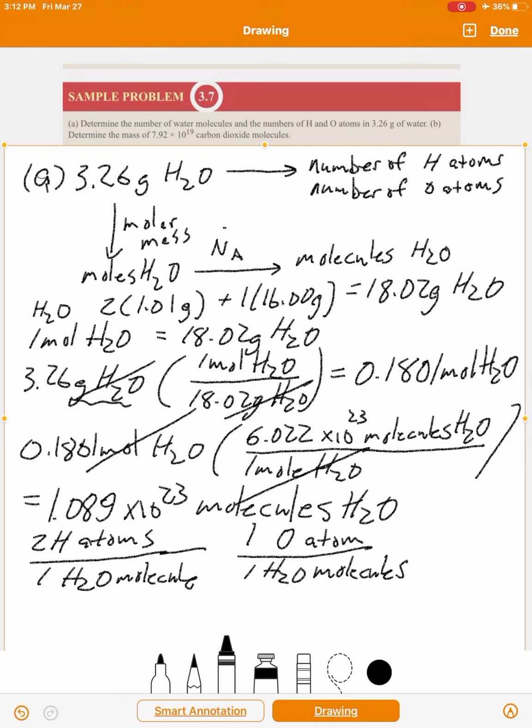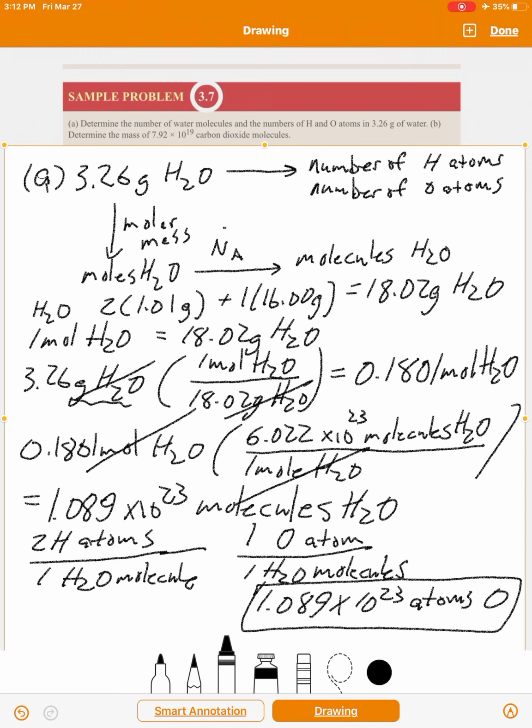Now you can go through this formally. If we have the number of water molecules, the number of oxygen atoms would be the same, right? Because every time you have 1 water, you have 1 oxygen. So oxygen atoms would be the same number, 1.089. So there's one answer.